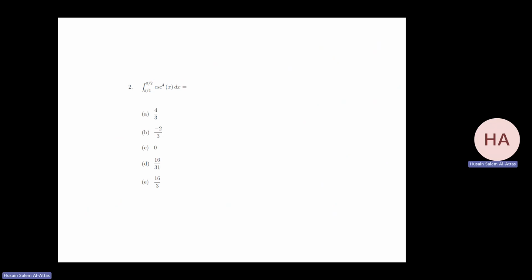Let me do this one. Cosecant to the power 4 of x. The only thing that comes to my mind is 1 plus cotangent square equals cosecant square. So this one I can rewrite as cosecant square x times cosecant square x dx.